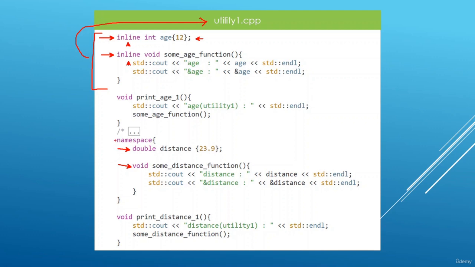This is just marked to have internal linkage, and the compiler is not going to do the optimizations to make these guys one thing. So if we have the same code here in different translation units, these are going to be two separate pieces of data. So the distance here in utility 1 is going to be different from another distance, for example, we might have in some other utility 2 CPP file, and this is the difference you need to be aware of.